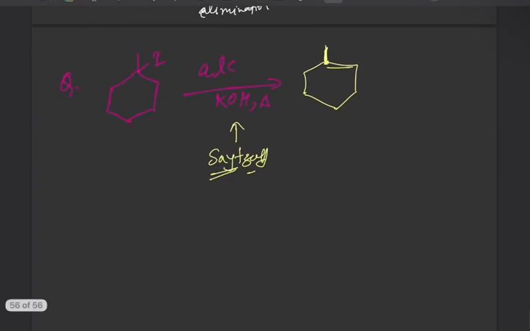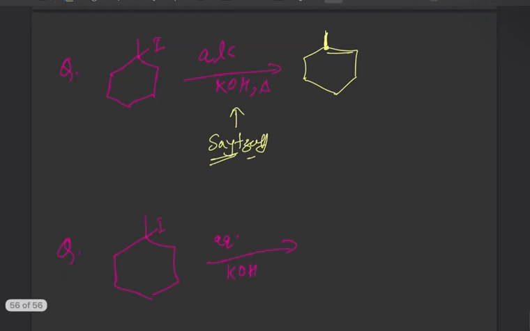But in the same case, let me change one more thing. In the same case, if I say that this is iodine, and now there is aqueous KOH, now tell me what will be there? Anyone? If this is aqueous KOH. So whenever you use aqueous KOH, it means you are now giving a substitution reaction.